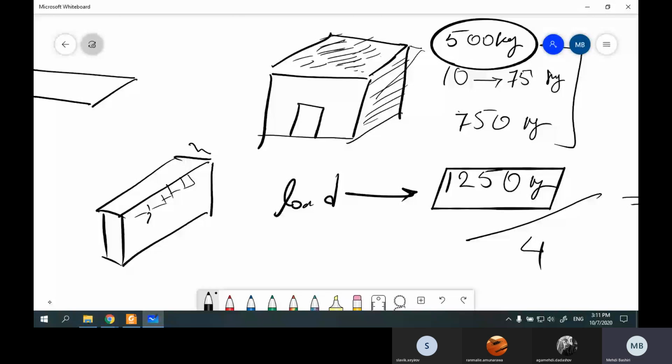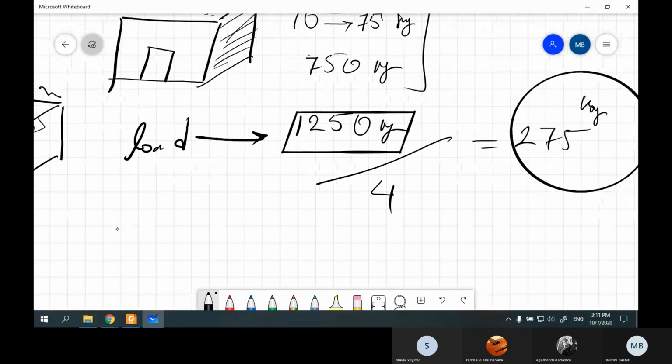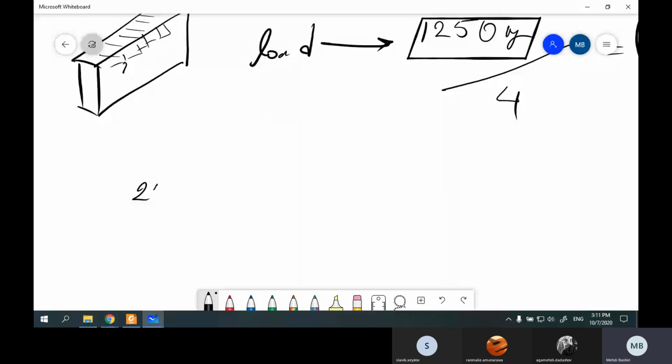So this is the main concept of design of anything. If you design this wall, you have to provide a wall with a capacity more than what? More than this. So your final capacity should be more than 275 kilogram.